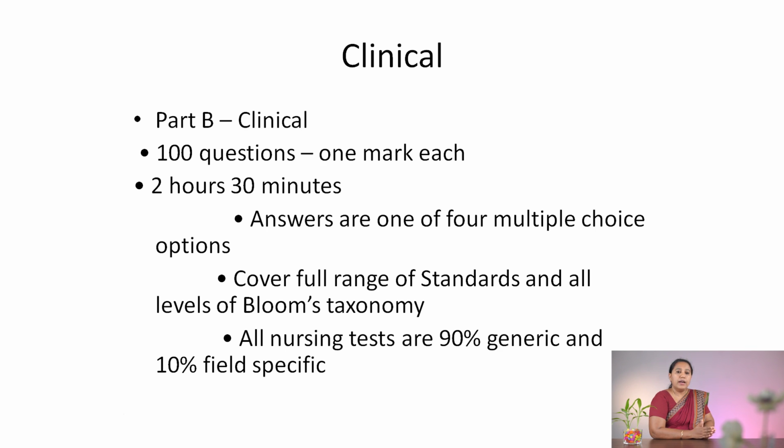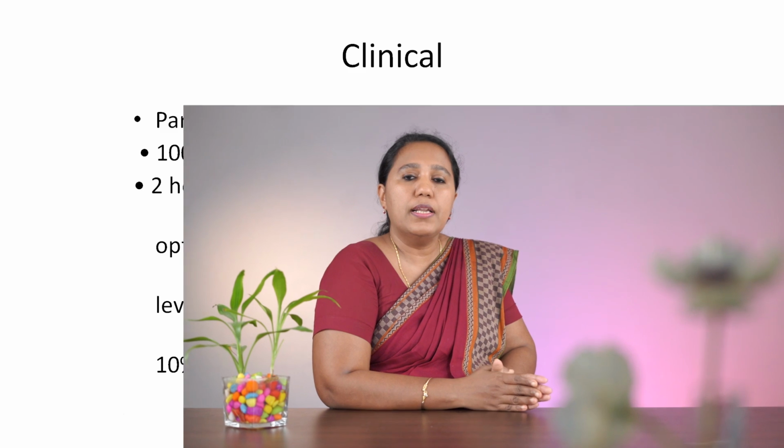Here you will have a multiple choice question with a single question and 4 options, and you will have to click the correct answer. They are going to address a full range of Bloom's taxonomy: remember, understand, analyze, apply, evaluate. So these are the application questions that you can expect in the clinical part.